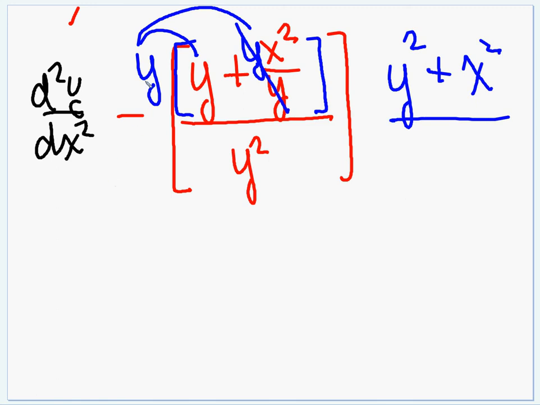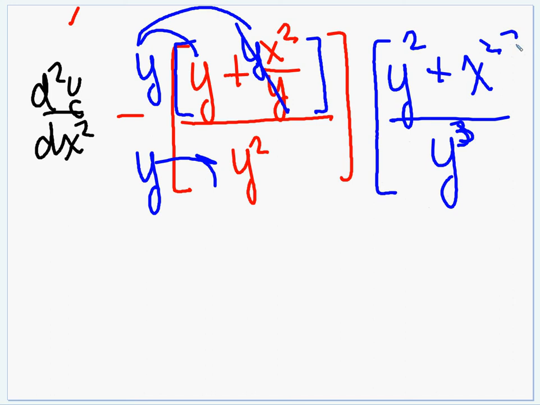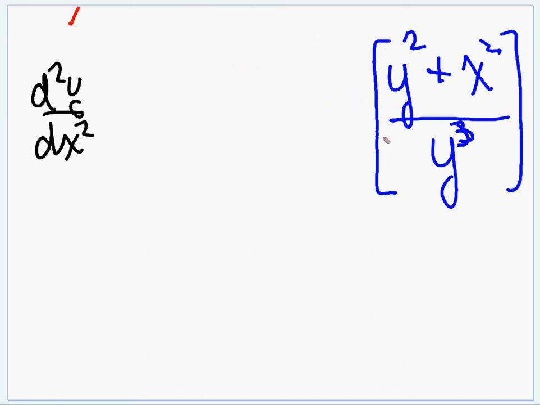And that's all over, remember, we've got to multiply our denominator by a y to be fair. So that's going to be y to the third in the denominator. There we go. And I'm going to still put the brackets around it for the negative out front. So there's our second derivative, and that's pretty nice looking. If you left it like that, I would be happy with it.